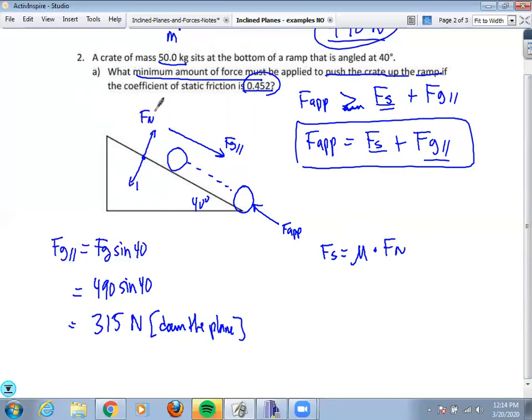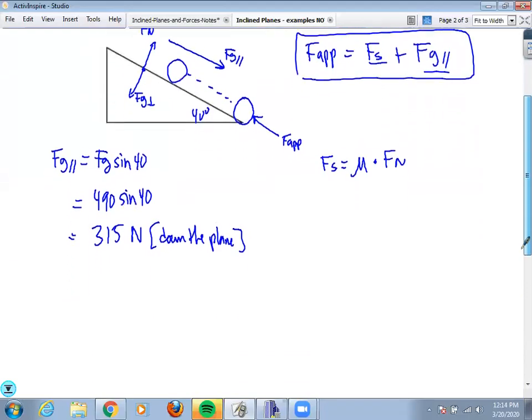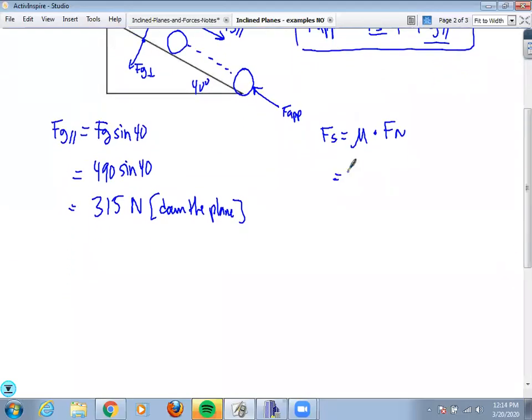There's Fn out of the plane, and it's equal and opposite to, wait for it, you got it, Fg perpendicular. So mu times Fn, which is Fg perpendicular, which is Fg times cos theta.